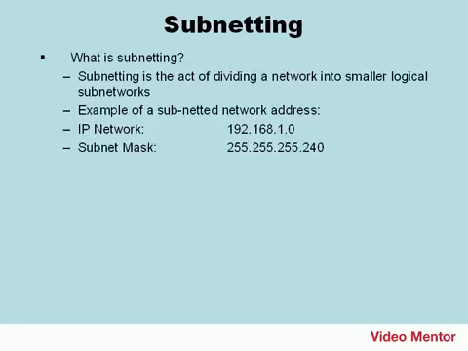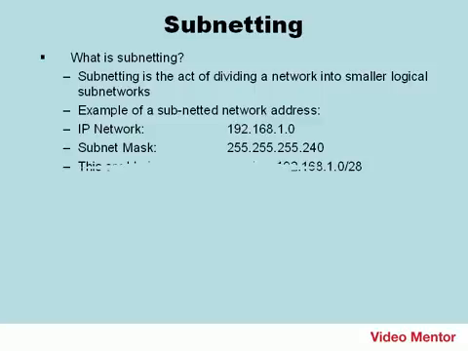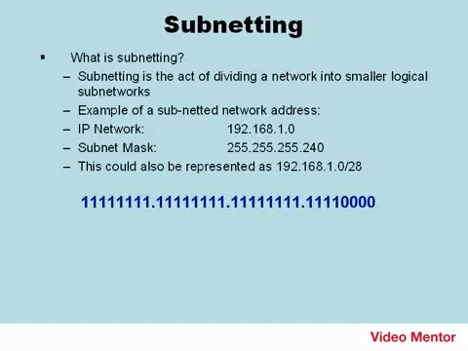But when we subnet, we're going to use 255.255.255.240. What we're going to do is borrow bits from the host portion. This could also be represented as 192.168.1.0/28, because there's 28 ones in the subnet mask in binary.